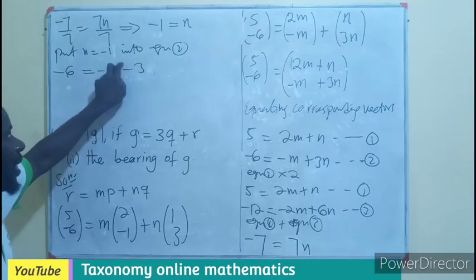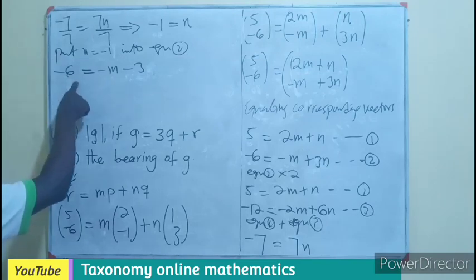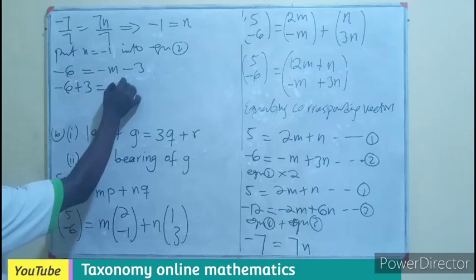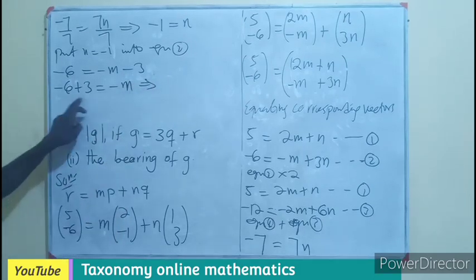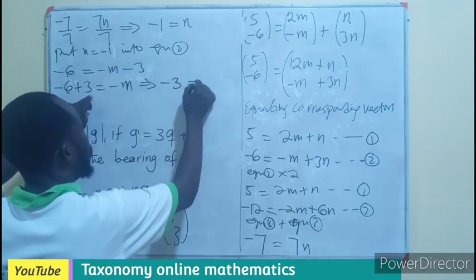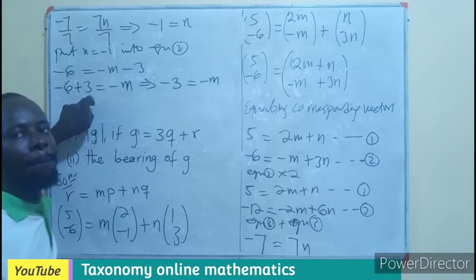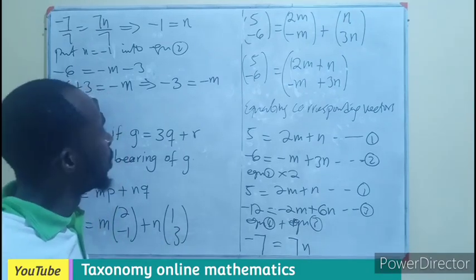If I add 3 here, this will go. Then this becomes minus 6 plus 3, so minus 6 plus 3 equals minus M. That implies that right here I will have minus 3. So minus 3 will be equal to minus M. But I am looking for a positive value of M, not a negative. So what do we do?